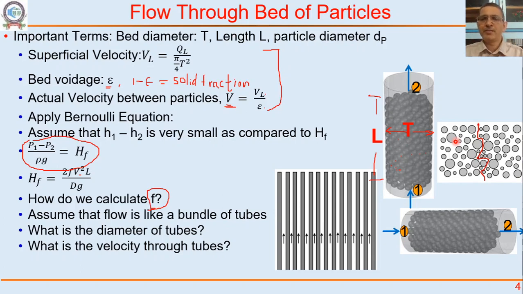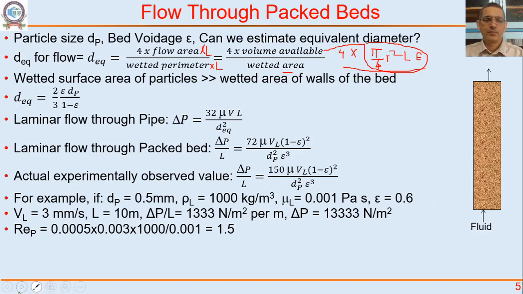So this wetted surface area, how do I write that? Wetted surface area would be number of particles multiplied by surface area of one particle. What is surface area of one particle? Pi into dp square. How do we calculate number of particles? Number of particles would be total solid volume divided by volume of one particle.